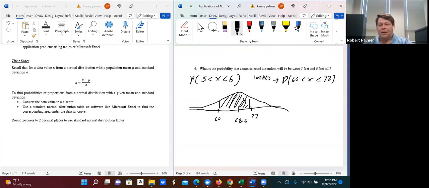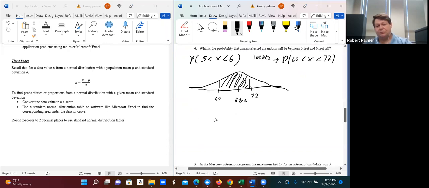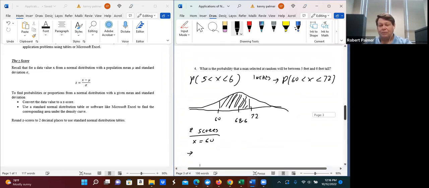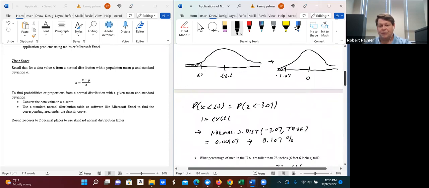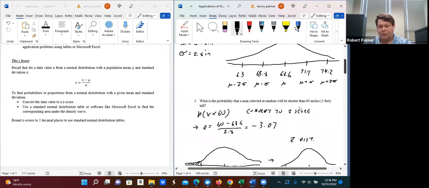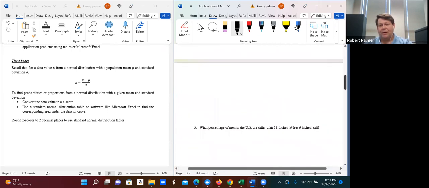Okay. Now, let's convert both those to z-scores. For x equals 60, I believe you've already done that one, because that was our first question, less than 60 inches tall. It's negative 3.07, so we'll use what we've already done.